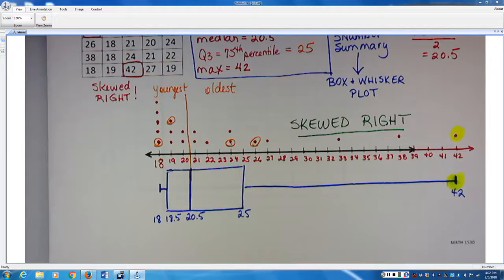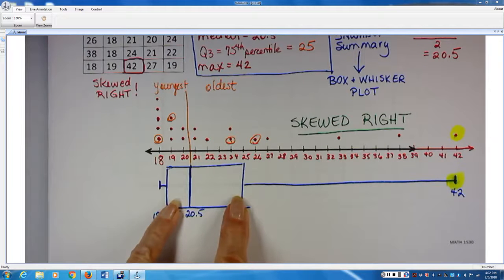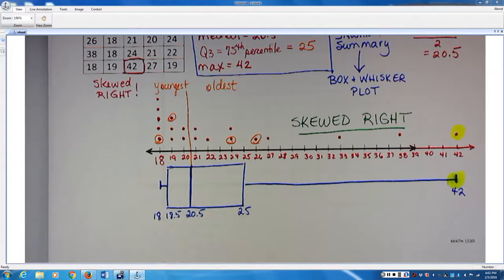Because the right whisker on the box plot is even longer than the width of the box plot, which is where 50% of my students' ages are. So it's almost 3 times as much as the width of that box.